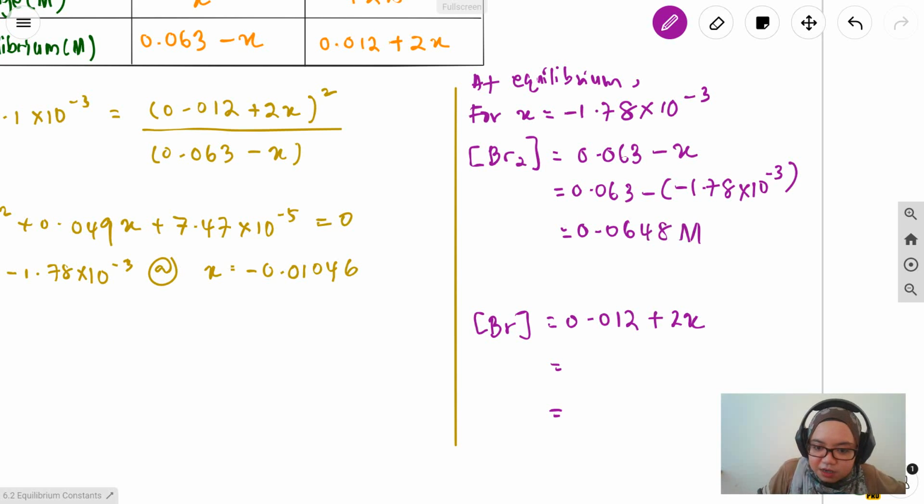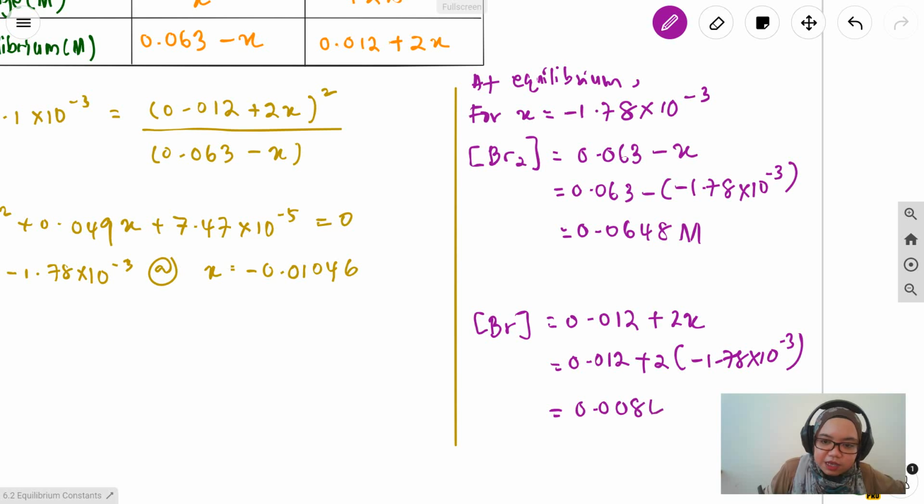And for Br, 0.012 plus 2 times negative 1.78 times 10 to the negative 3 gives 0.0084 molar. So even though x is negative, both of these have positive values.